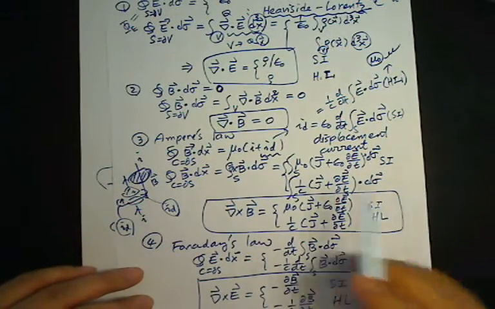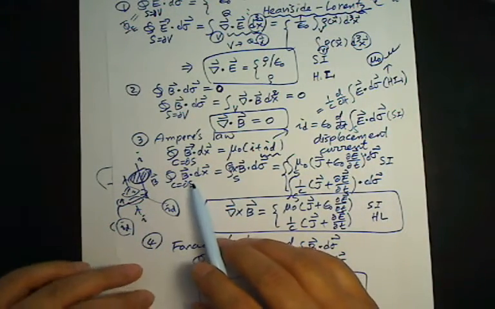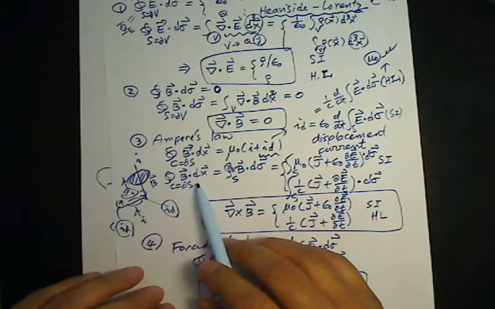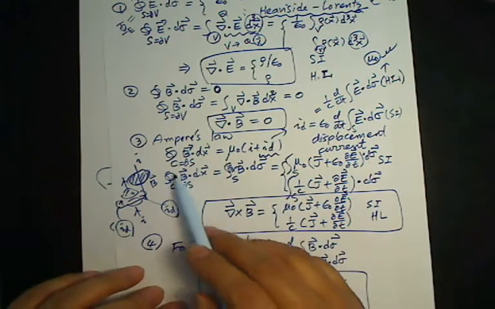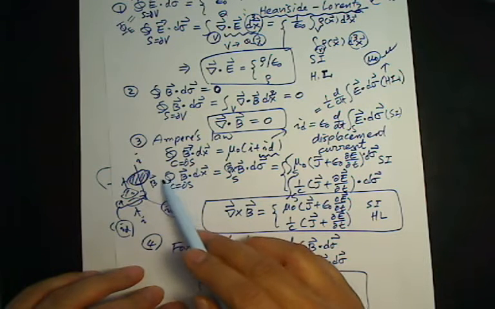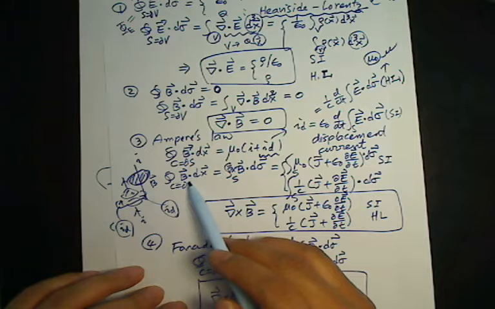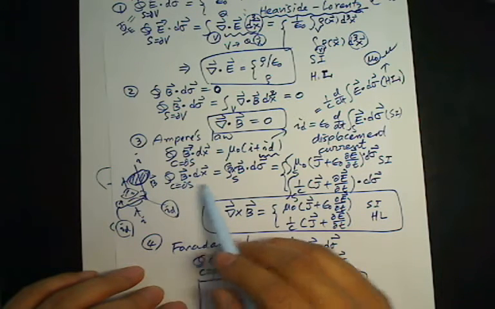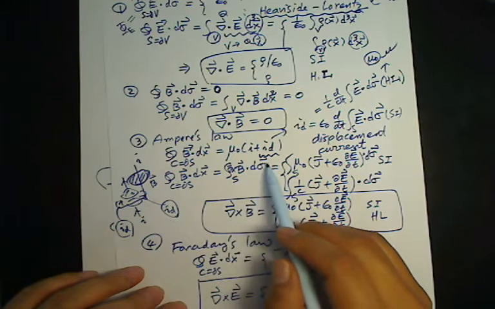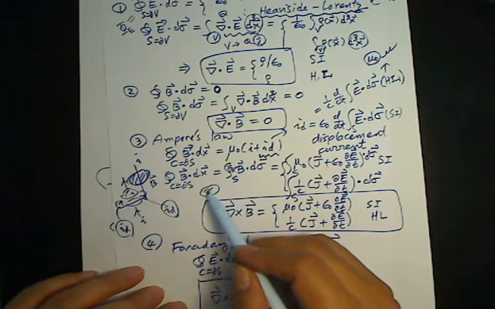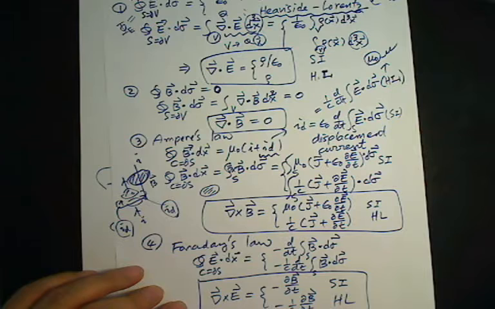Alright, so now let us make use of the Stokes theorem. Stokes theorem states that the line integral over a closed path of B is expressed as the curl's scalar product with the areal element that is enclosed by the closed path.